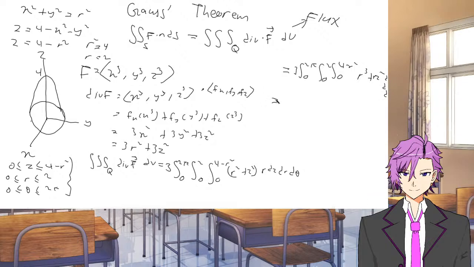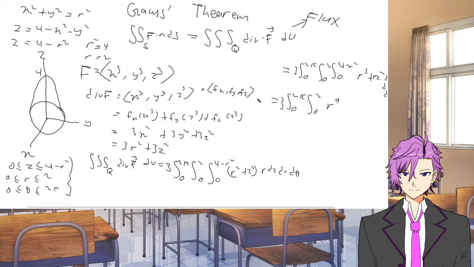This is just a bit of a mess here, but never mind. So 3, 0 to 2 pi, 0 to 2, 0 to 4 minus r squared. Okay, not again. Wait. We'll do that again. Since it's z, isn't it?